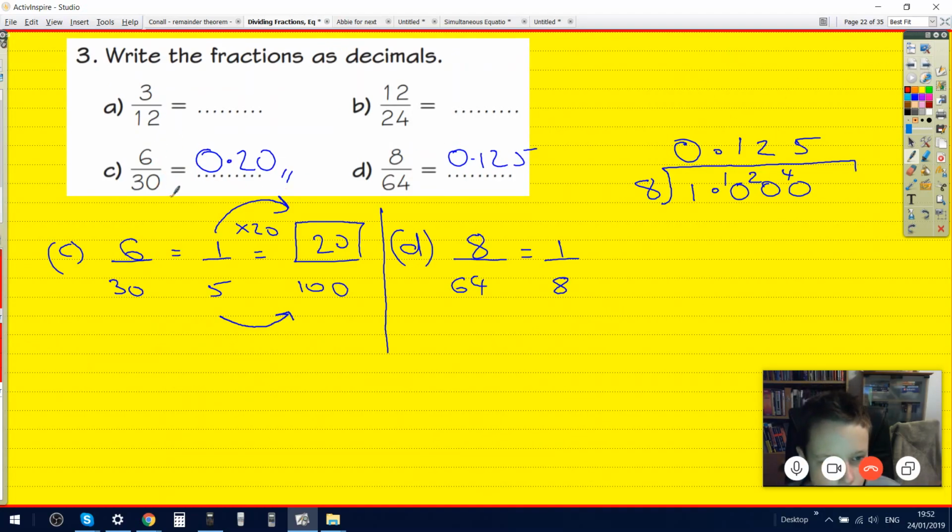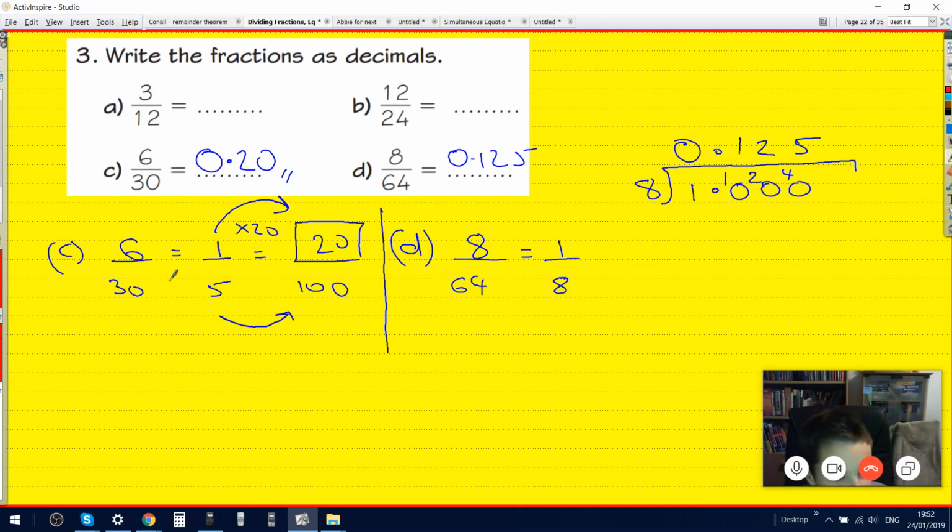What would be part A? You would work out how many times 12 goes into 100, which is 10 times, and that would be 120. Or maybe simplify it first.